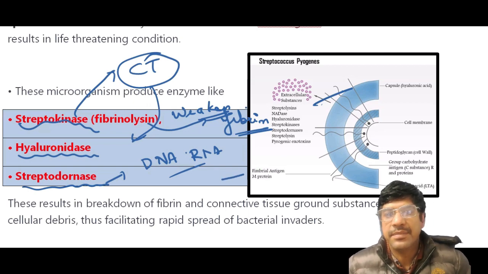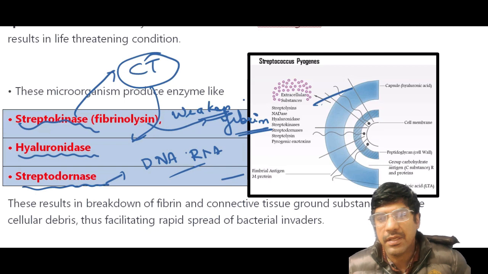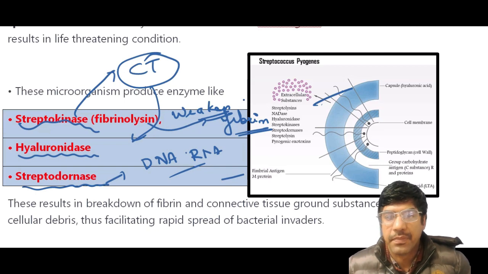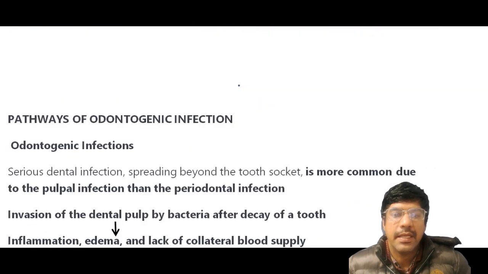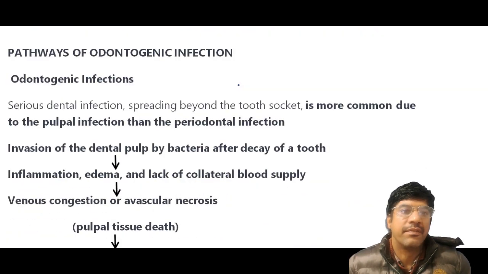These microorganisms produce enzymes like streptokinase, hyaluronidase, and streptodornase. These enzymes collectively help the bacteria move more easily, break down the tissue barriers, and spread quickly within the body. That results in progression of the disease.